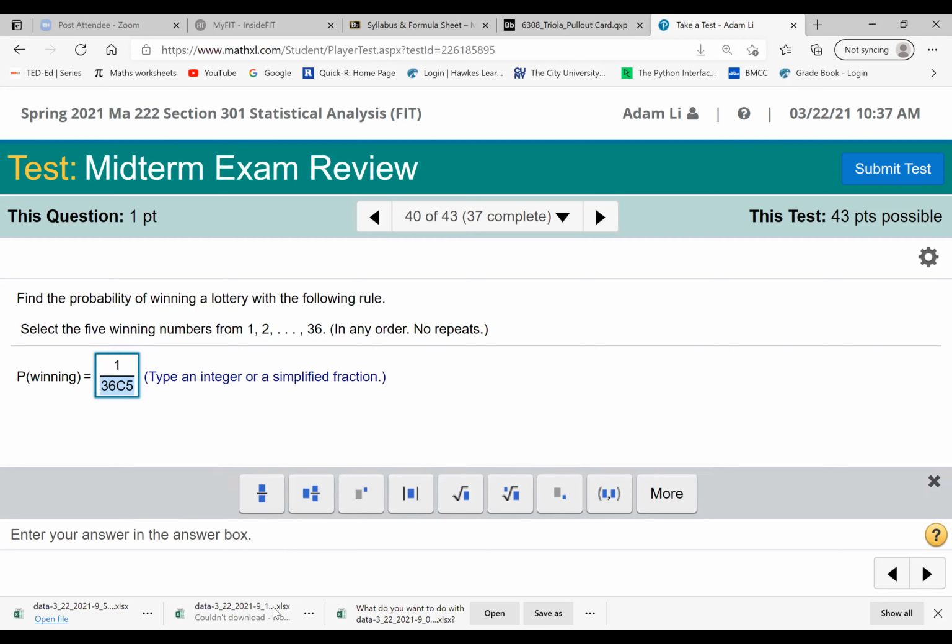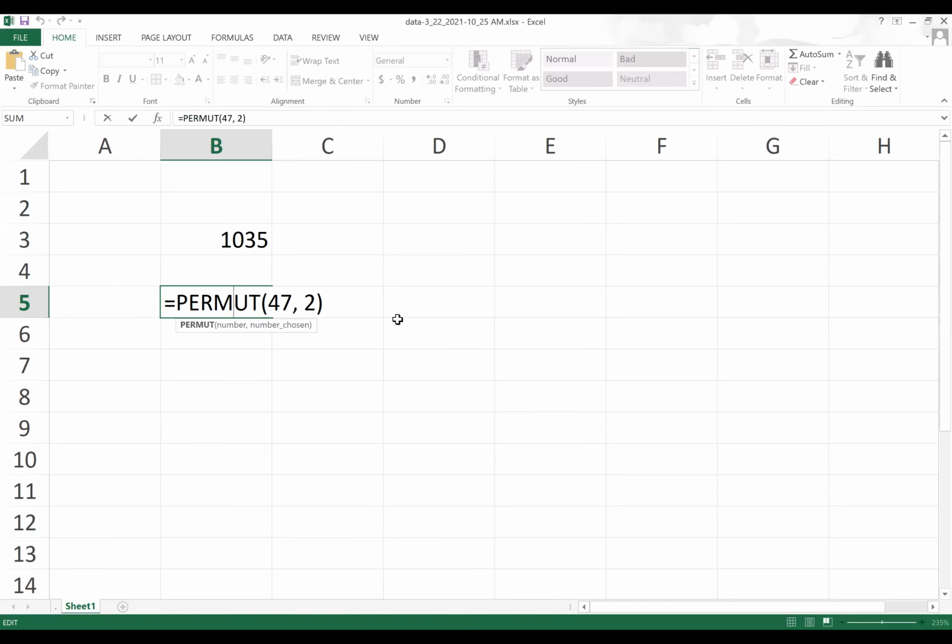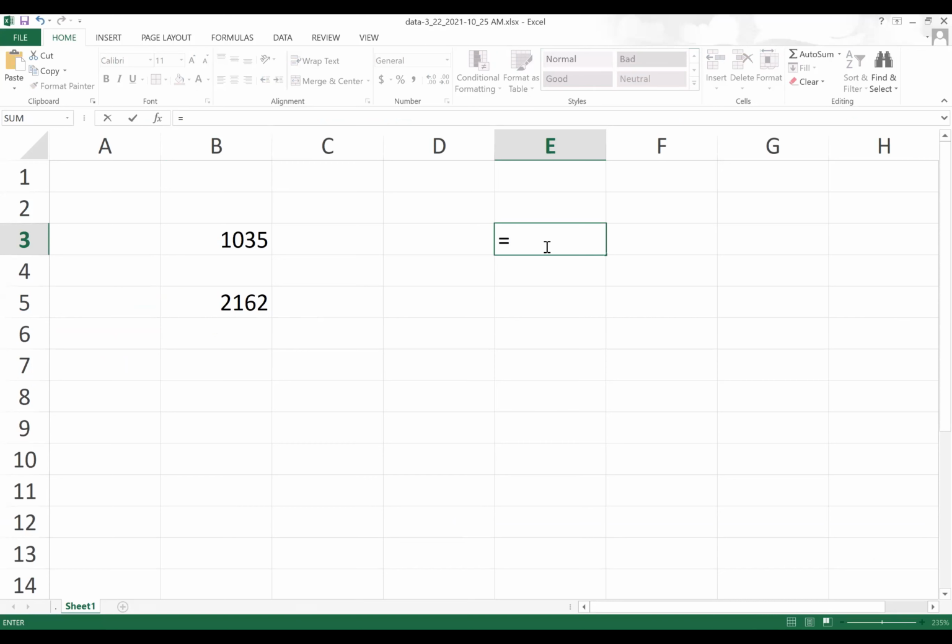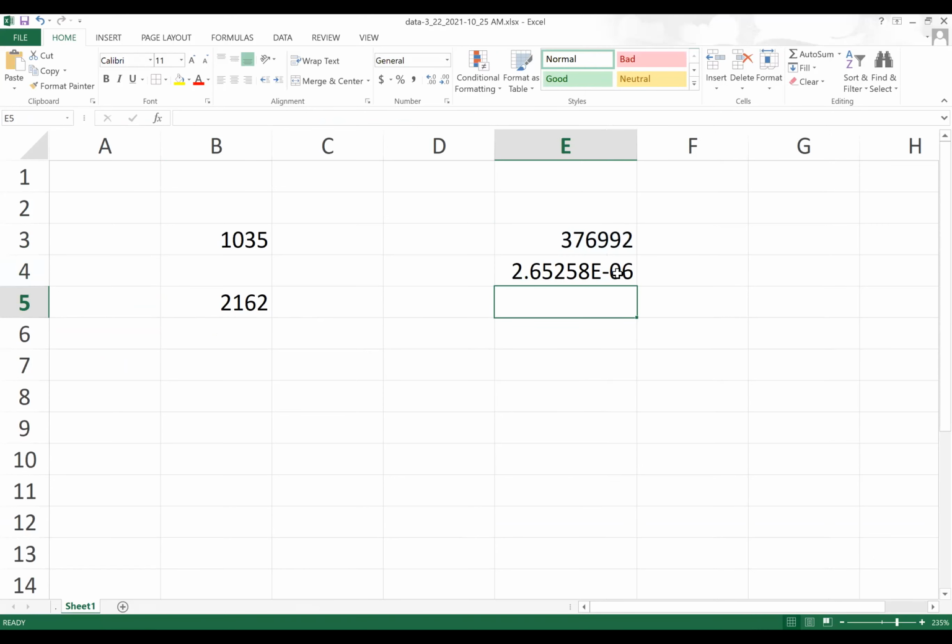Then the quotient of that will be the probability. Again, we can easily get it here. We do combination, with total 36 numbers picking 5 winning numbers, to get the total possible combinations. And remember, we only have 1 group of winning numbers divided by the total groups of numbers. That turned out to be the probability.